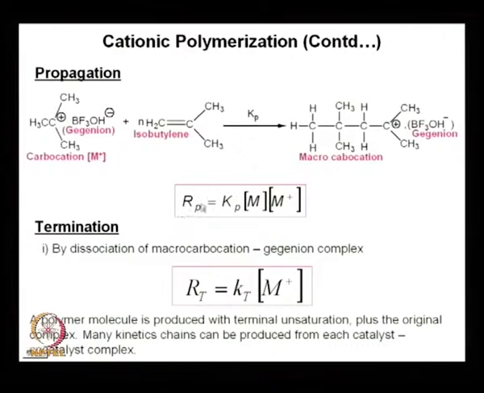Look at the rate of propagation here. As in your radical chain polymerization, Rp was equal to Kp times monomer concentration and growing free radical chain concentration. Here, instead of growing free radical chain, you have the concentration of macro carbocation.